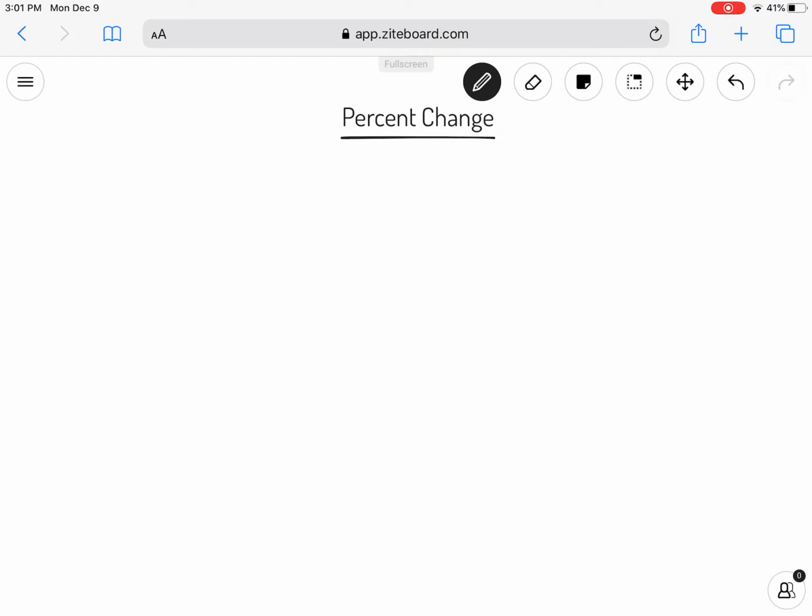Now we can use percent to measure amount of change, and percent of change is what we're talking about.